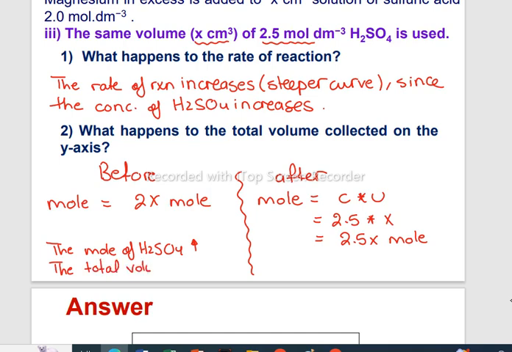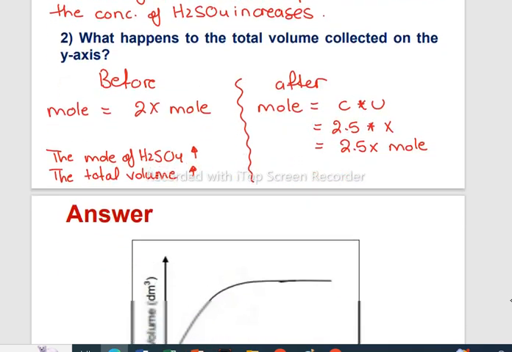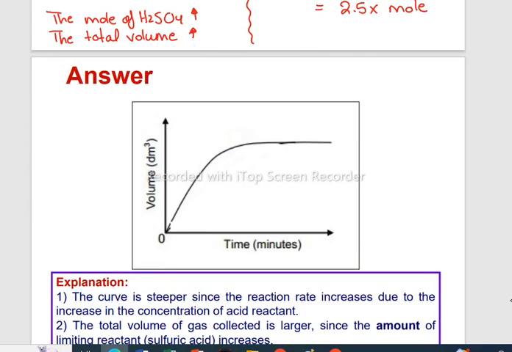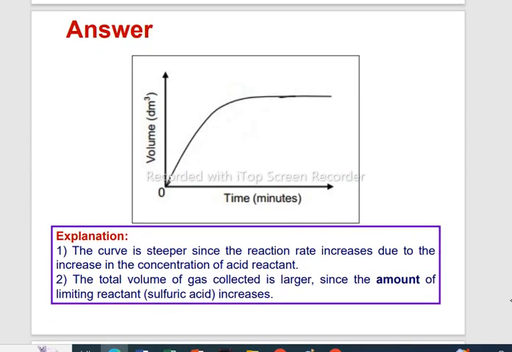So when you're going now to draw, you need to end your curve above your original. I'm going to have a steeper curve since it is a faster rate of reaction, and it will be above your original, with a larger volume. So this is your answer for triple I.